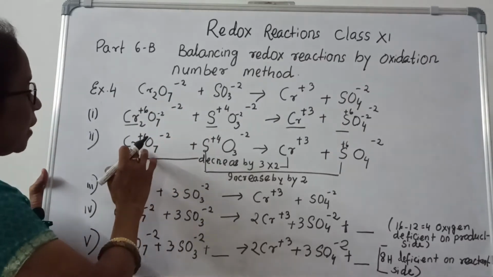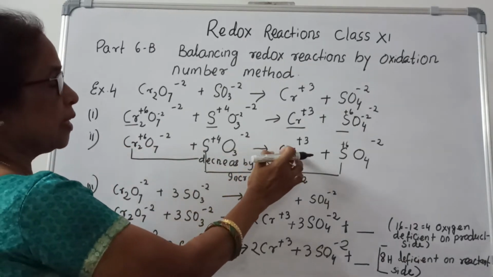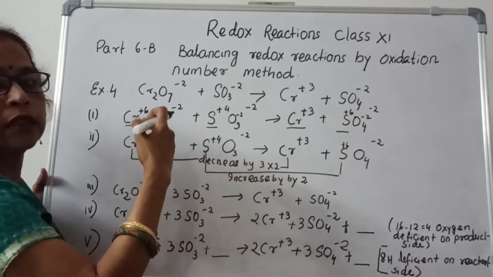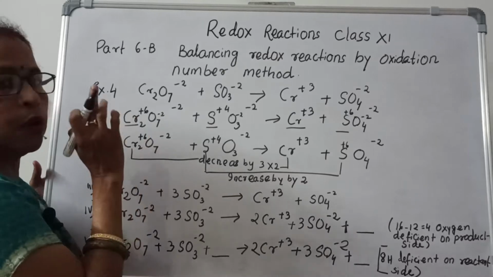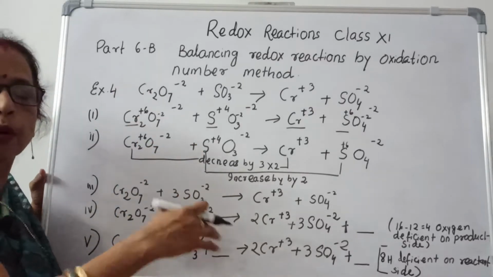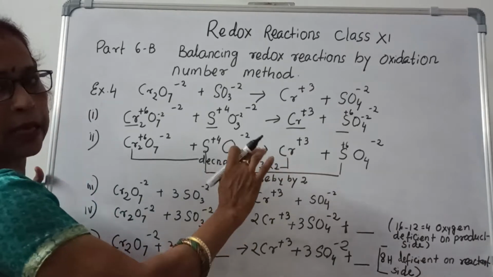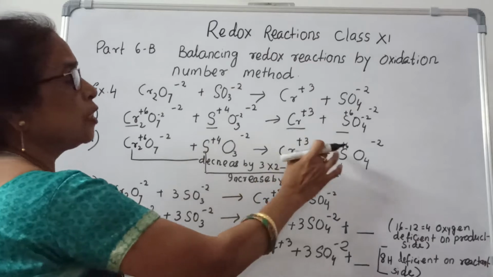And chromium is 2 times, so since it is 2 times, it decreases by 3 into 2, because for 1 chromium it is 3, for 2 chromium it should be 3 times 2. Now sulfur +4 changes to +6.